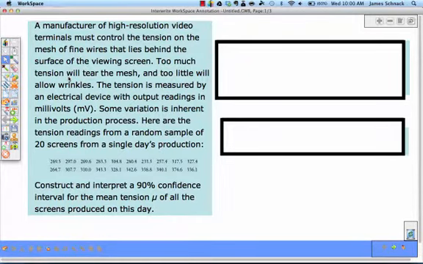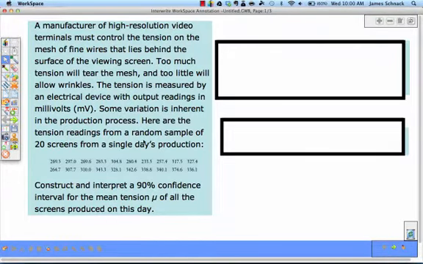So there's this web of wires behind a viewing screen, and they have to be held at the right amount of tension, the right amount of stress on those wires. The tension is measured by an electrical device which reads in millivolts, mV. Some variation is inherent in the production process. Some variation will always be there.